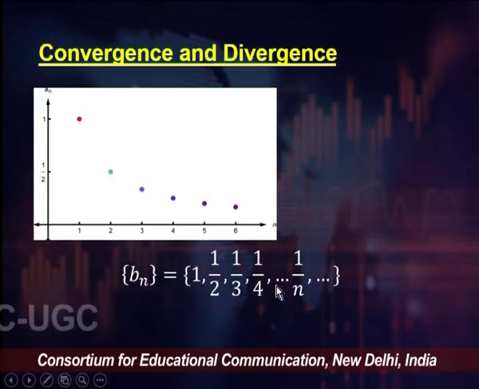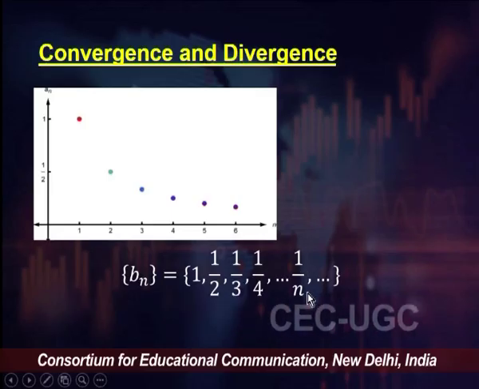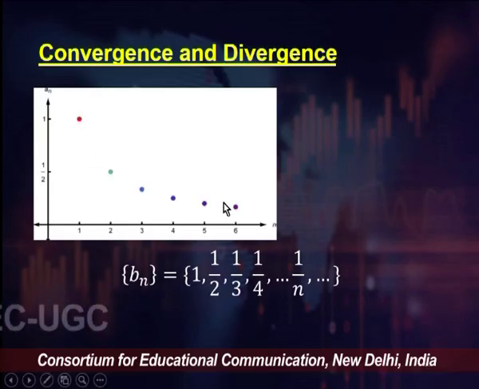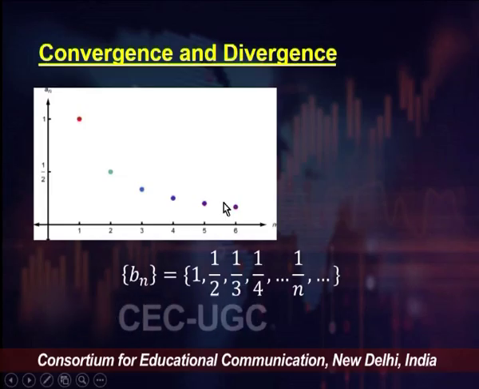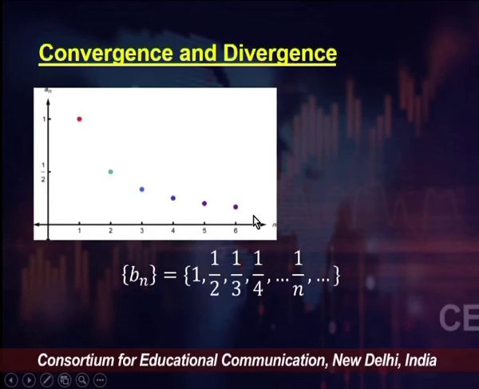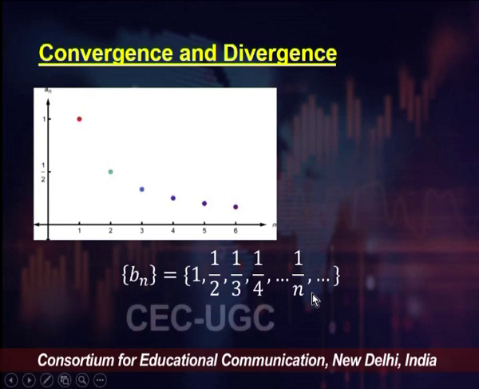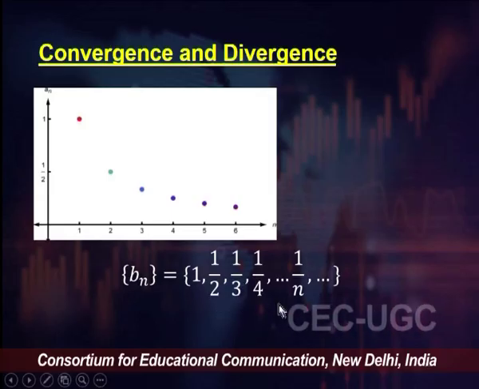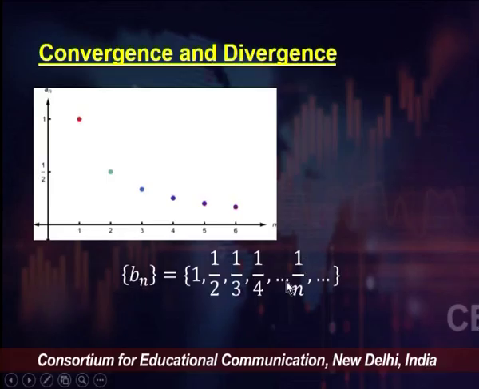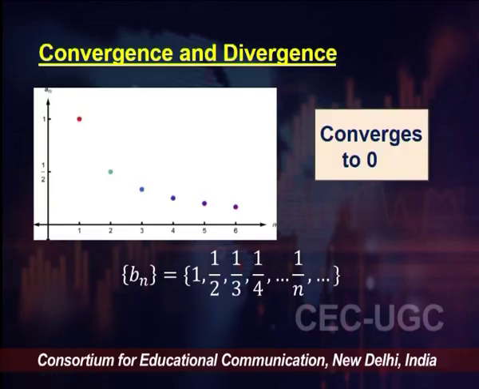And here I am also taking help from the general term, because as n approaches infinity, 1 by n in the limit will tend to 0, and this is exactly what is happening in the graph. This is the kind of definition that we will be building up mathematically, where we look in the limit at what number, if any, the general term is tending to for convergence. So in this case, the sequence converges to 0.